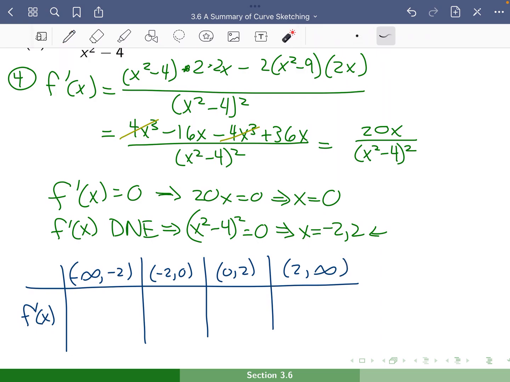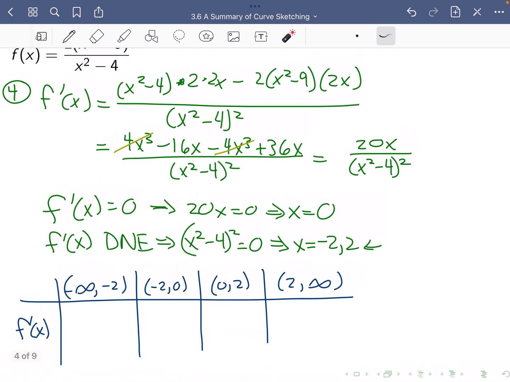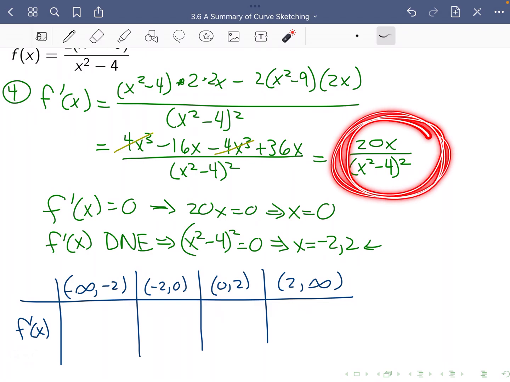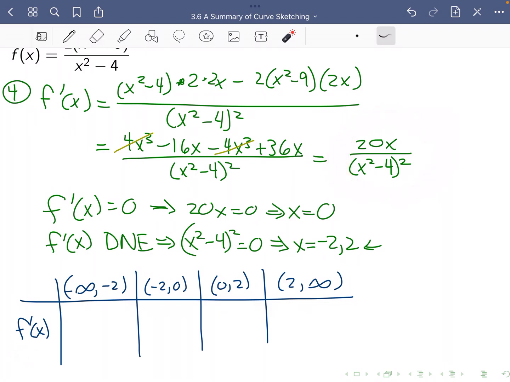Plug in some value between -infinity and -2, so like -10, you could throw that in there. We're going to throw that into the first derivative. Observations I would make is that denominator, since it's being squared, is always positive.